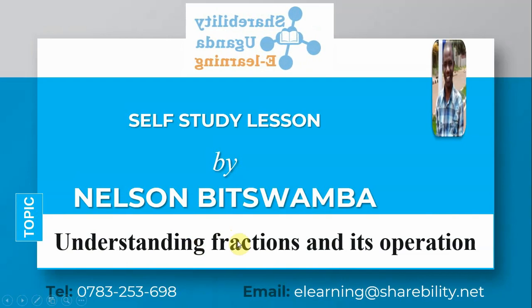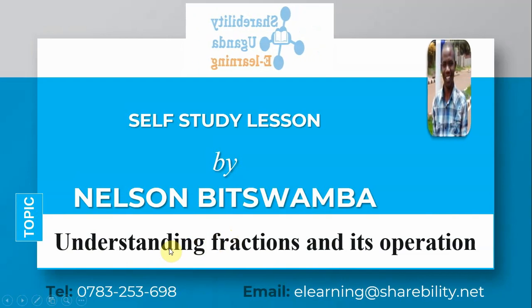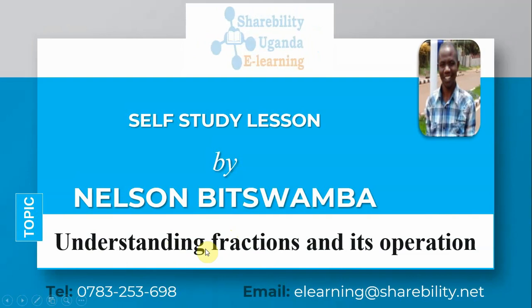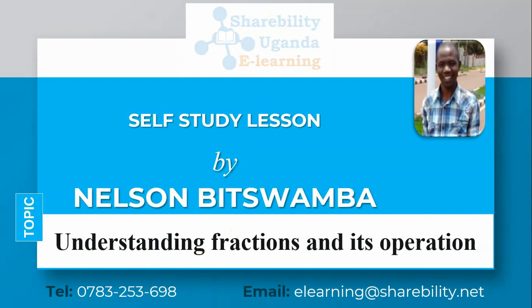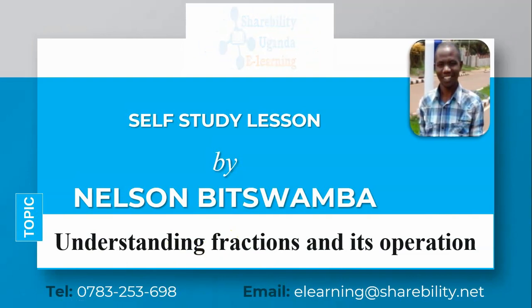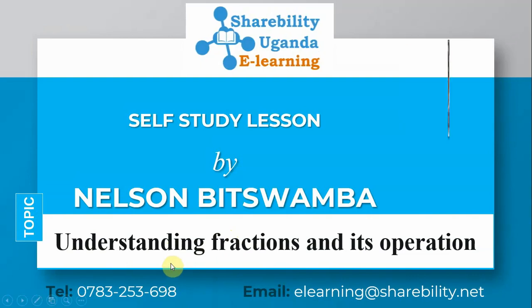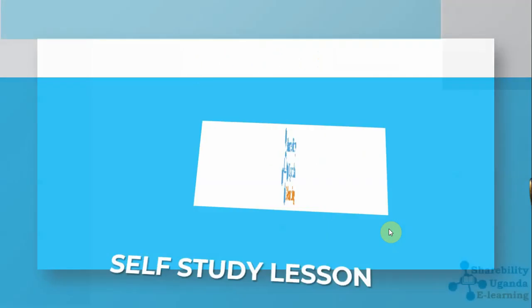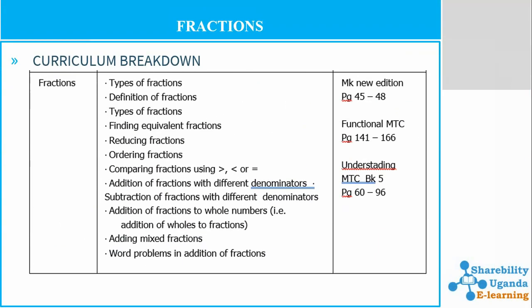In today's lesson, I want to continue from where we stopped. Remember, we had talked about understanding fractions and their operations, and we looked at different examples, how we are going to handle this topic and all that it contains.